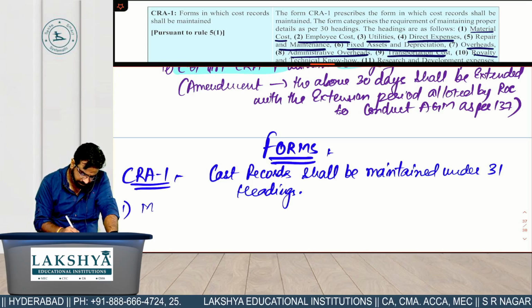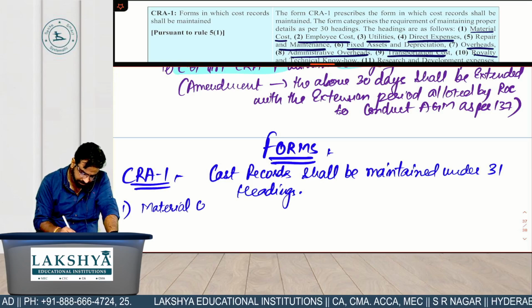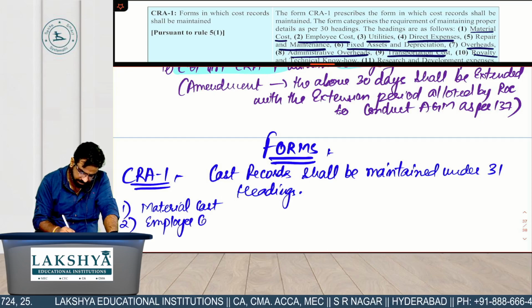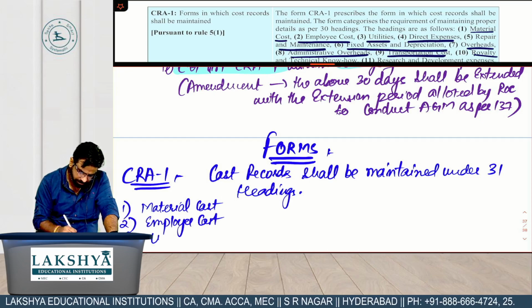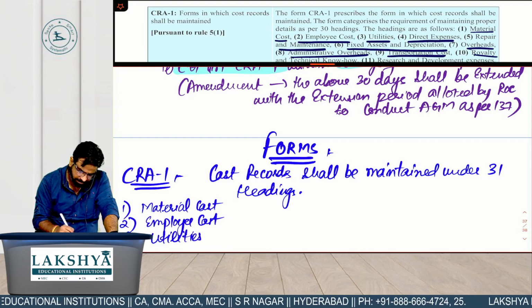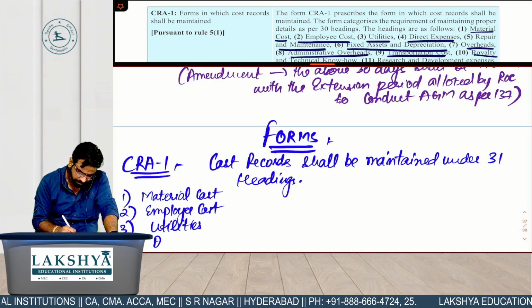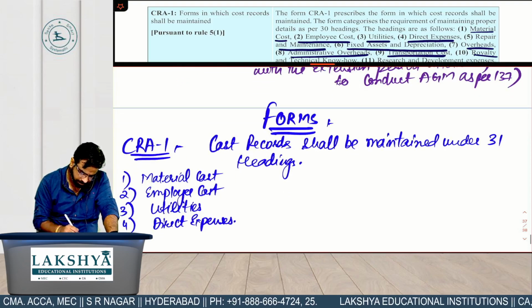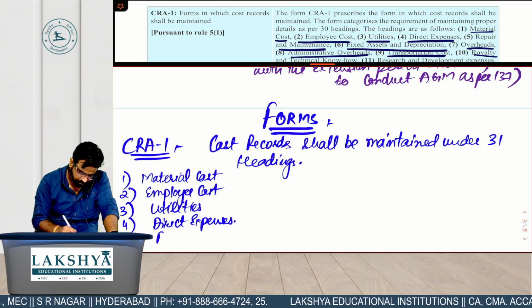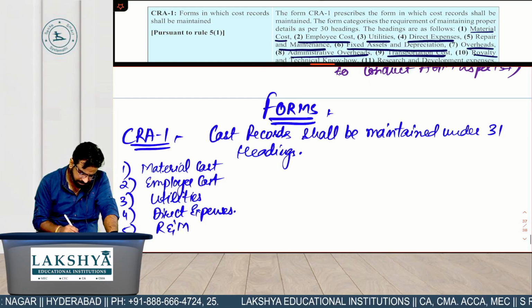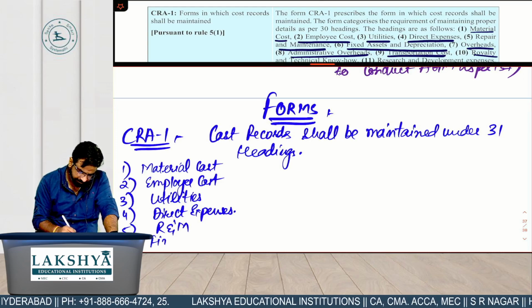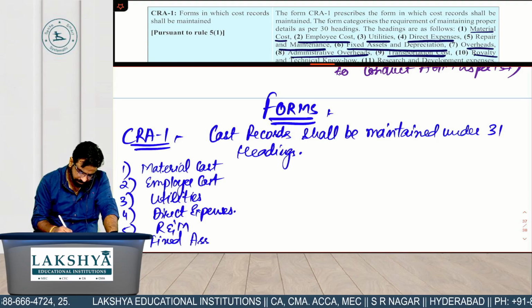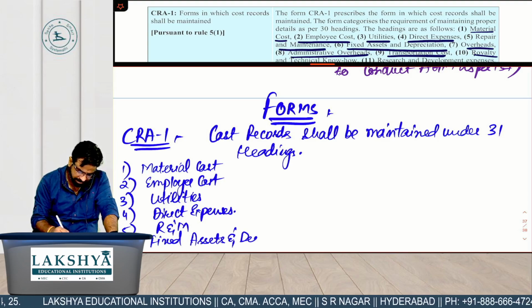First one, material cost, employee cost, utilities, direct expenses, repairs and maintenance, and depreciation.